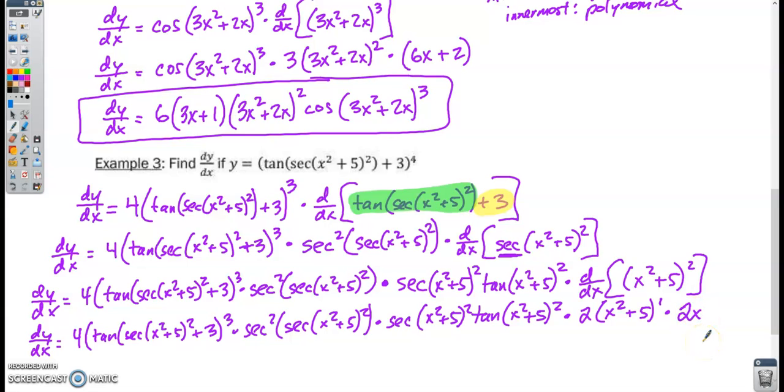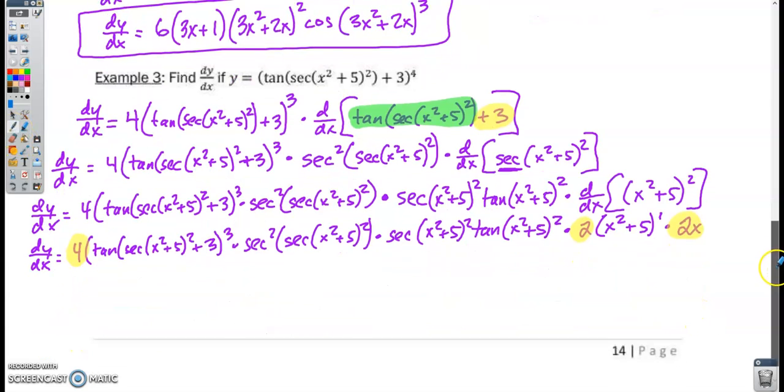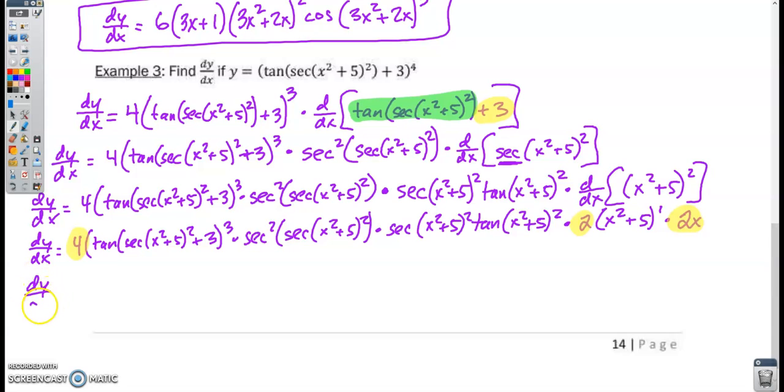And now I want to clean this up as much as I possibly can. So what I'm going to do is combine all my constants and my x out in front and set myself up for my final answer. So that's going to be 4 times 2 times 2x is going to be 16x times the quantity x squared plus 5. So that takes care of all that stuff. And then everything else, the order in which I write it really isn't going to change whether it's ambiguous or not.